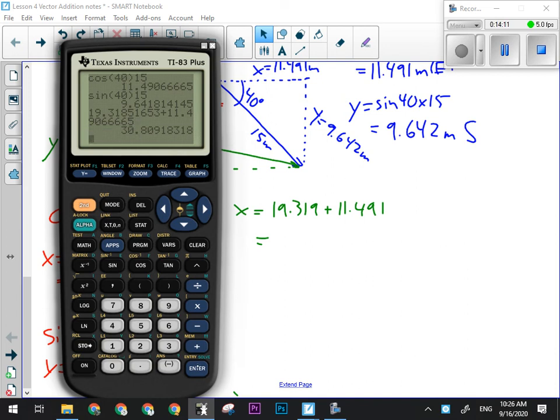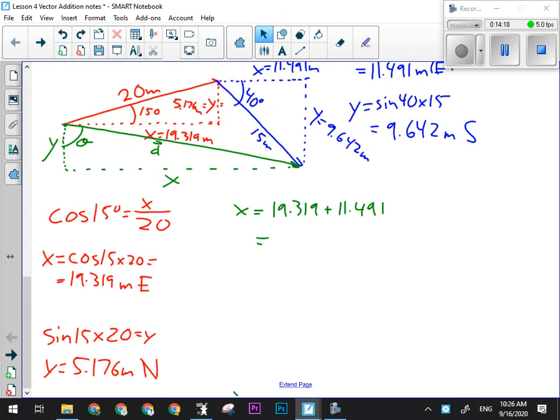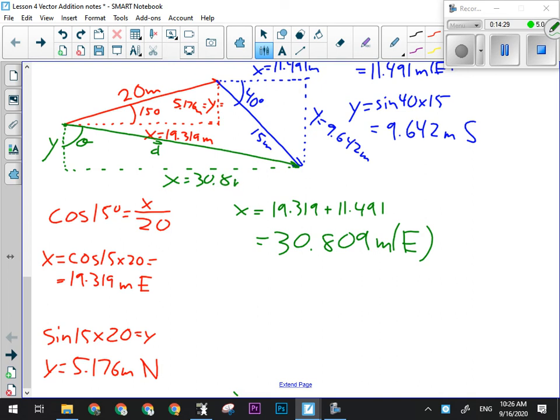Okay, 30.809 is going to be my X component, 30.809 meters east. So this side here is 30.8 meters.